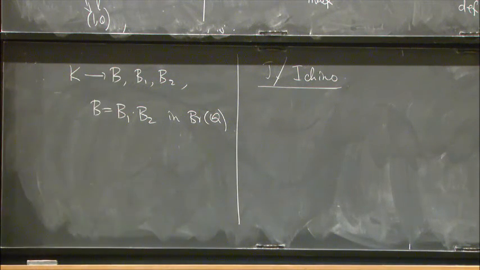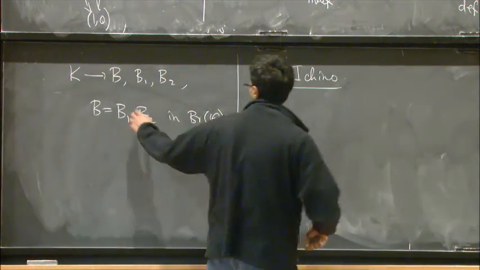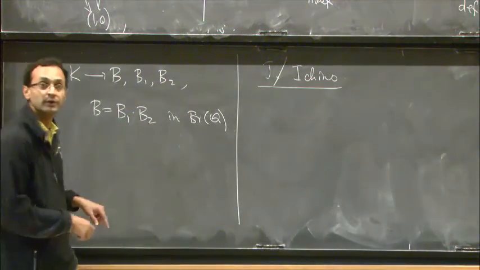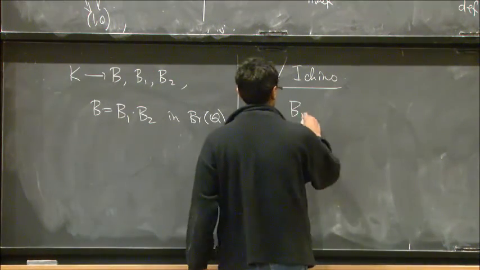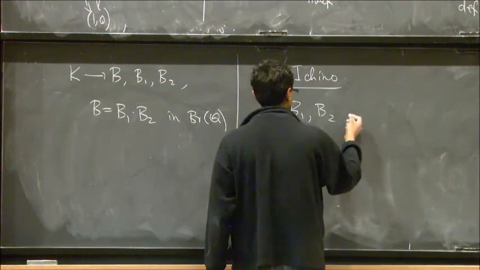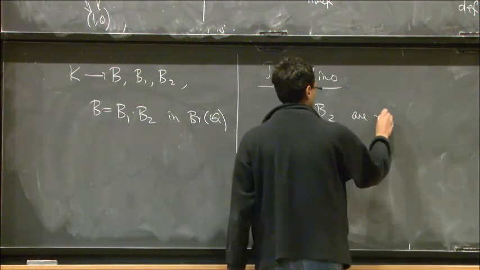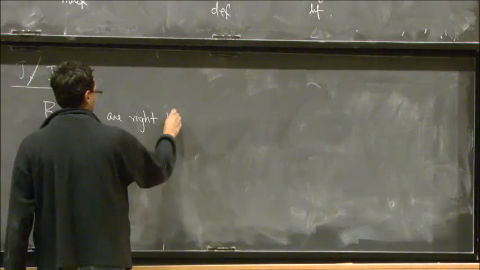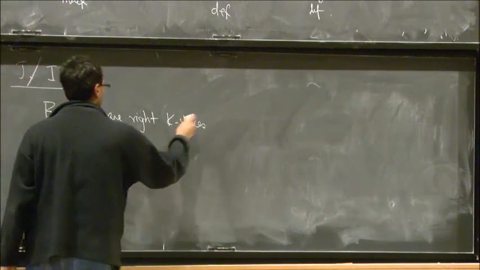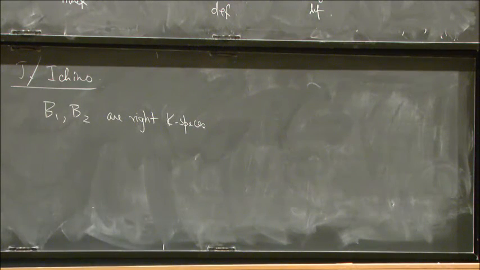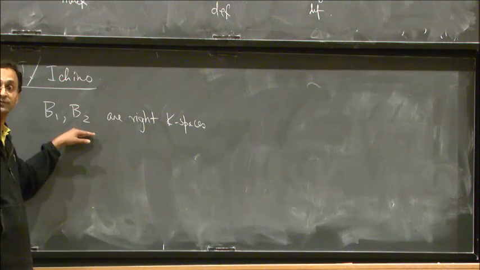So here's what we do. Remember that K sits inside B1 and B2. So you can think of B1 and B2 as right K spaces. And there's a natural way to think of them as Hermitian K spaces. So they're two-dimensional K vector spaces with a natural Hermitian form.